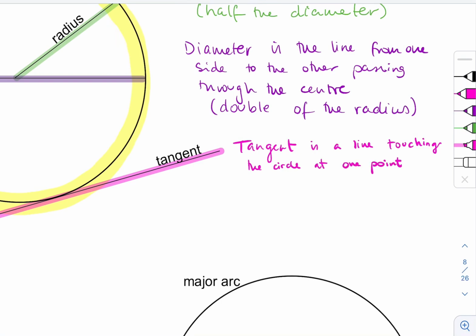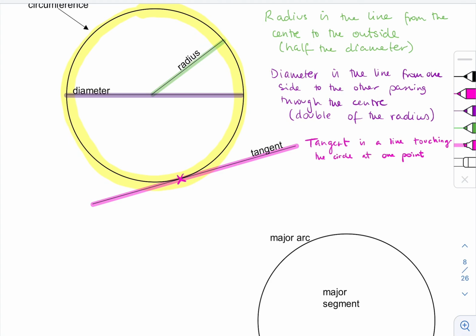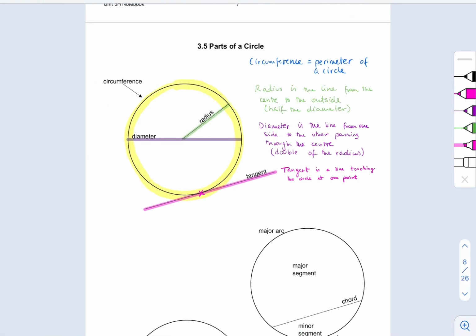So in this particular drawing, it touches it here. It's not a circular line, it's only a straight line. Okay, those are definitions for the very first circle.